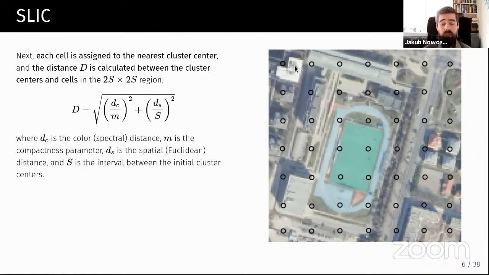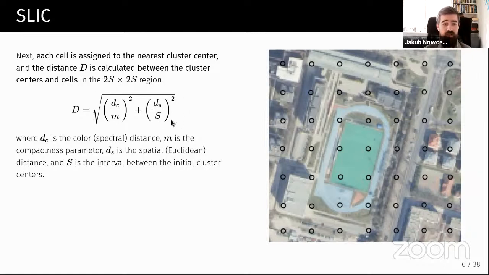But the second thing we need to consider is the distance between values: how similar our colors are to this cell, or how different they are. And probably the cells here are more similar to the value in our center than the values here.